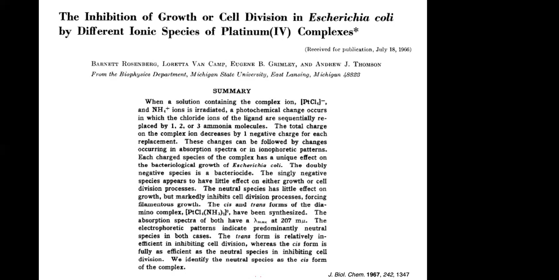And they say the doubly negative species is a bactericide, and the singly negative species has little effect. The neutral species has little effect, but markedly inhibits cell division processes, right? And so that's the key observation, and leads to what they say is filamentous growth.